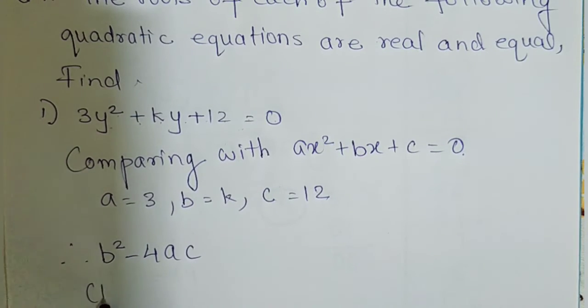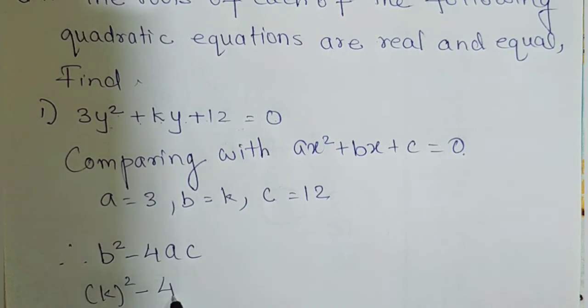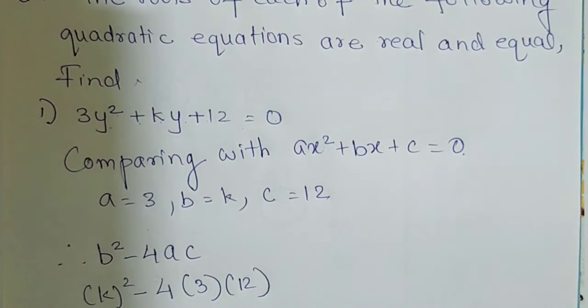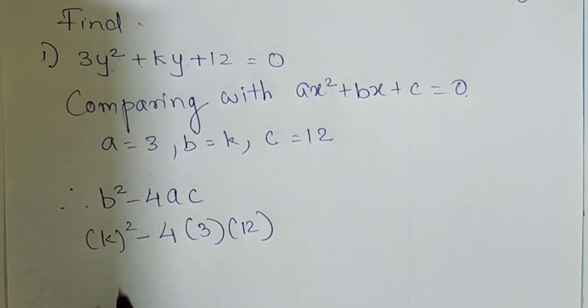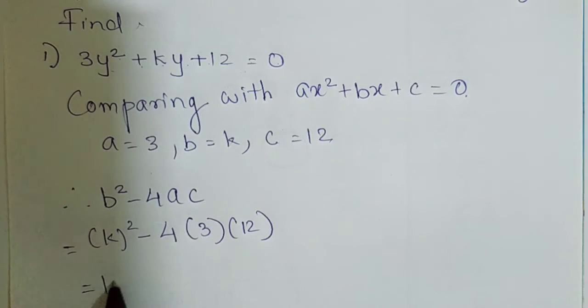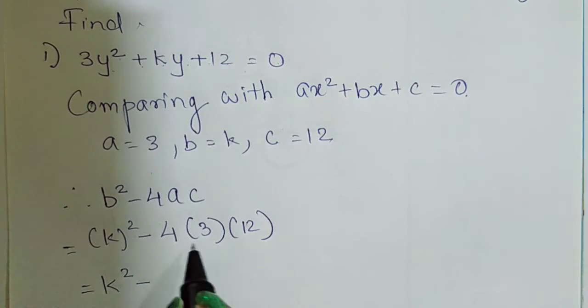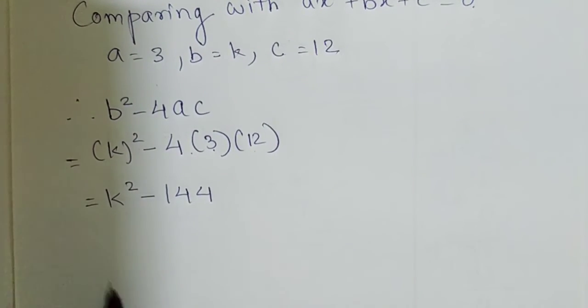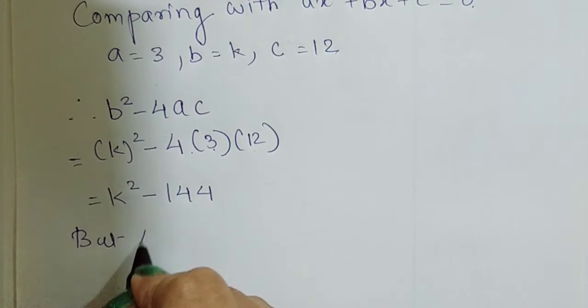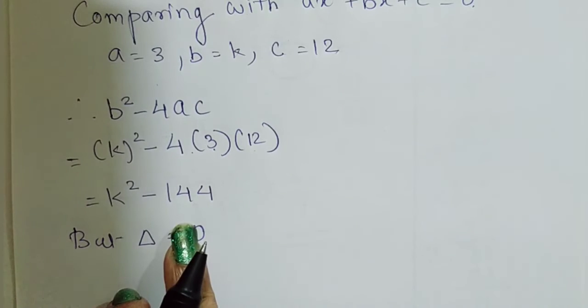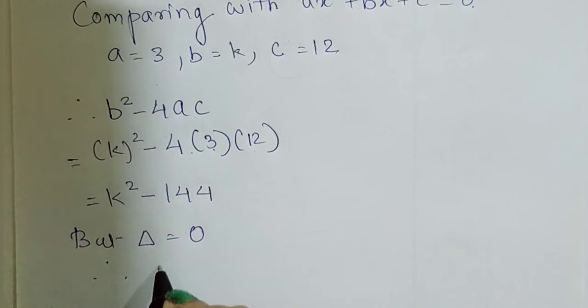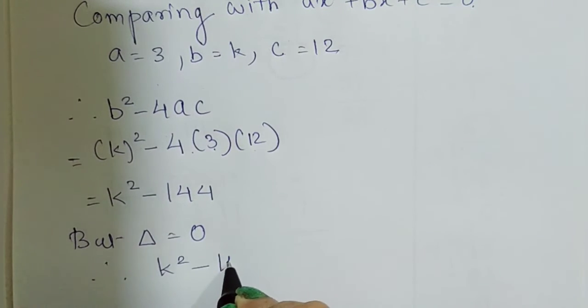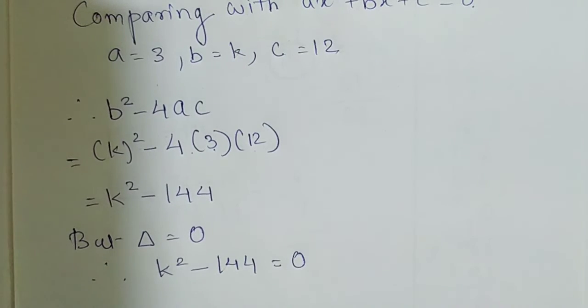So b value is k square minus 4, a is 3 and c is 12. Now here we'll get k square minus 4 3s are 12, 12 12s are 144. Now delta is equal to 0, so therefore k square minus 144 is equal to 0.